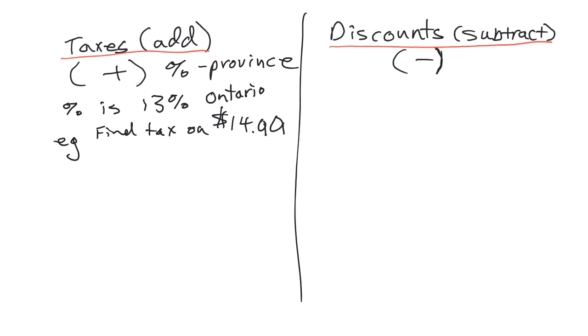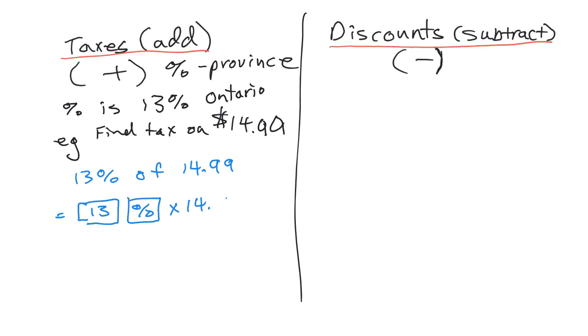So now when we're going to find our tax on $14.99, that really means 13% of $14.99. So on our calculator, we're literally going to go 13% times 14.99. And let's see what we get.